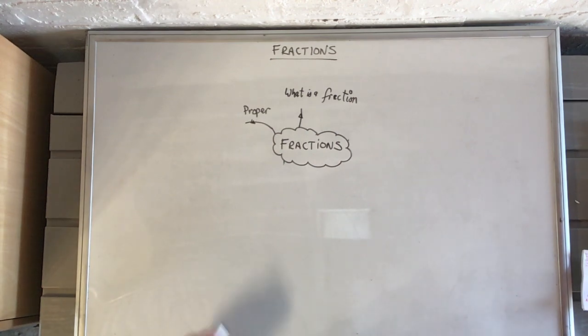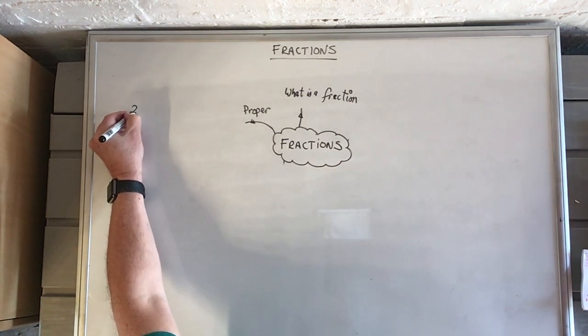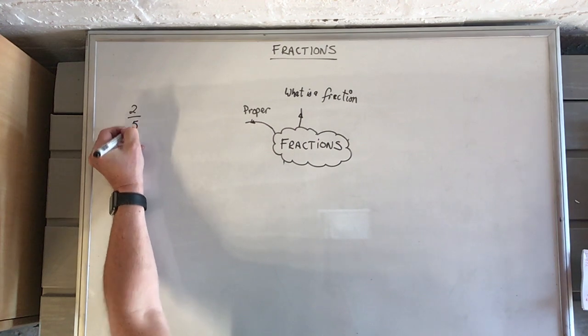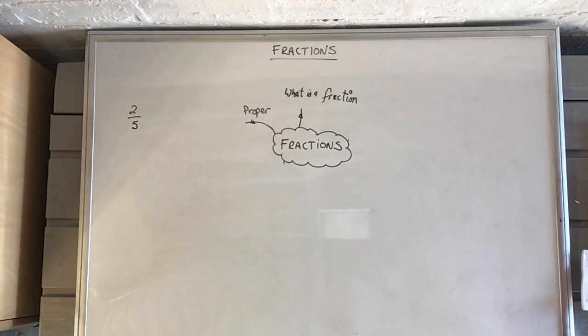Okay, so here's a typical fraction, 2 over 5. What does that actually mean? Well, I'm going to use the bar modelling to represent how we can write 2 over 5 as a picture.